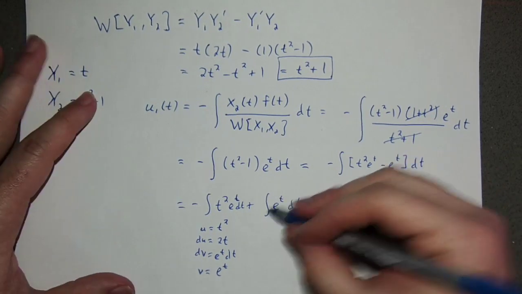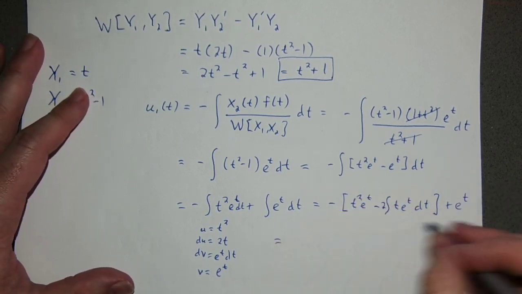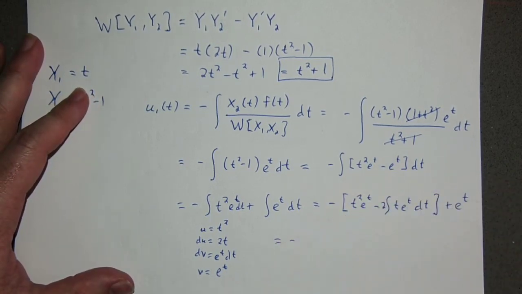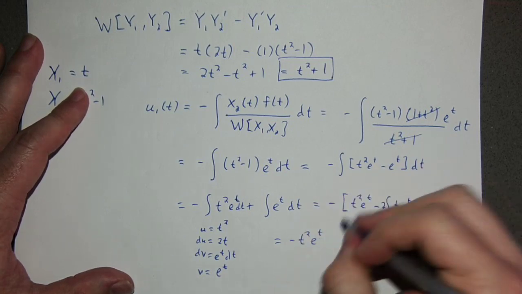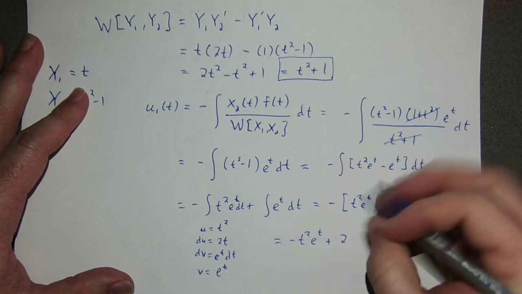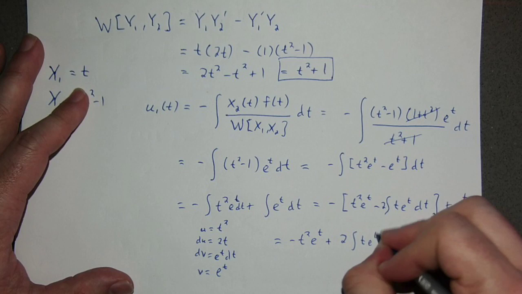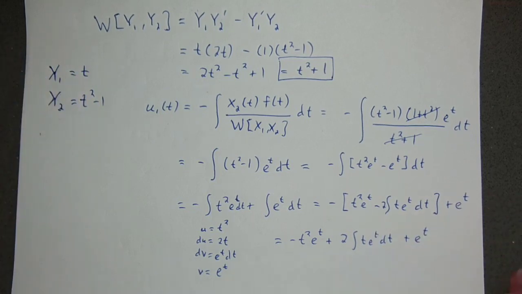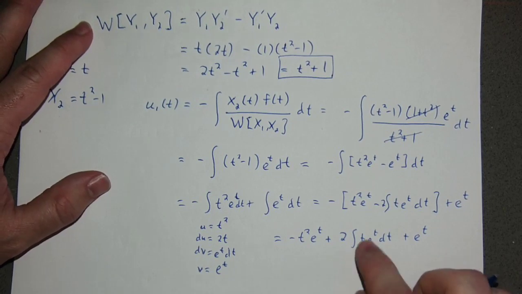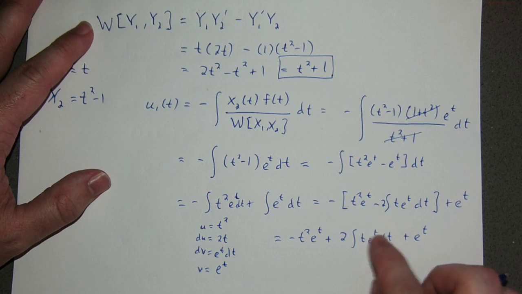Okay. Oh, and then I have this extra plus e to the t here. So this is minus t squared e to the t plus 2 times the integral t e to the t dt plus e to the t. Let's just do this in our heads, right? So u is going to be t, dv is going to be e to the t dt.